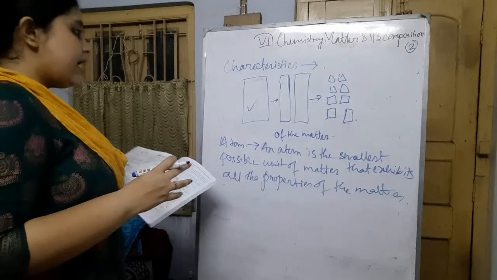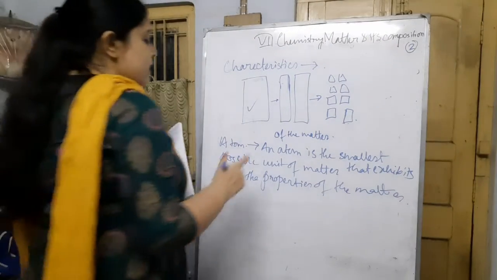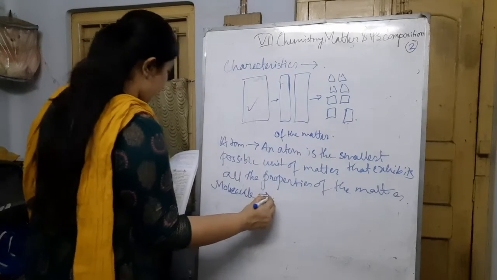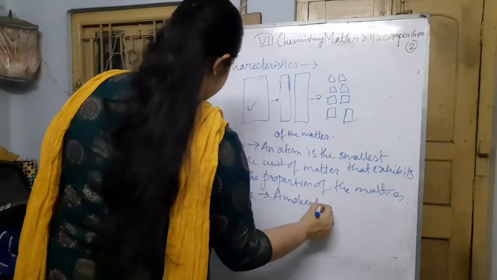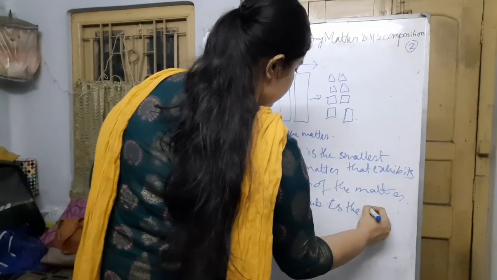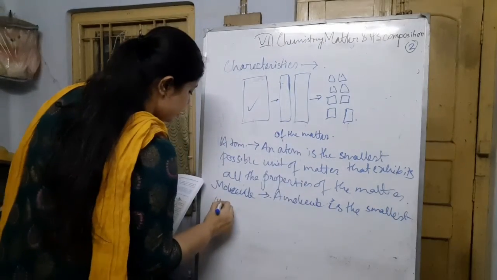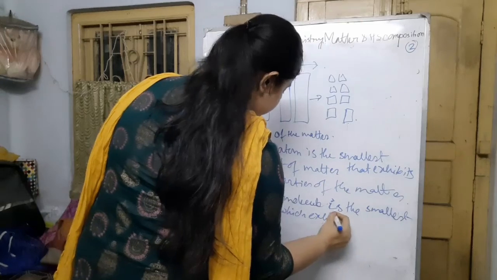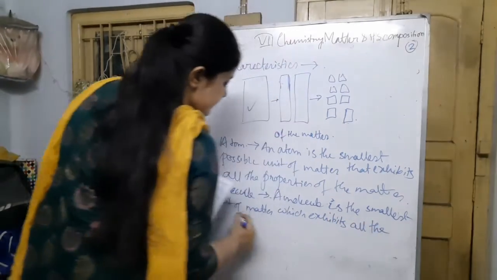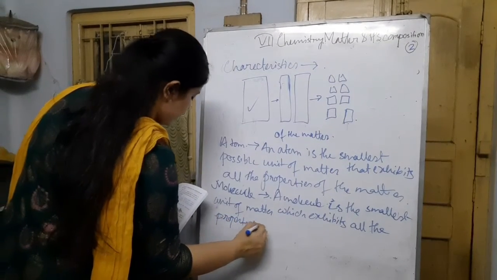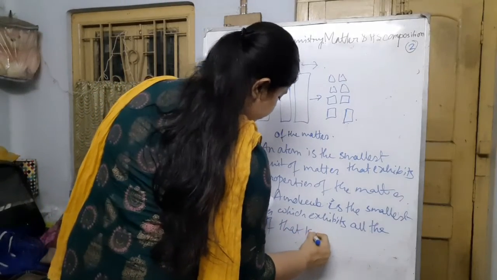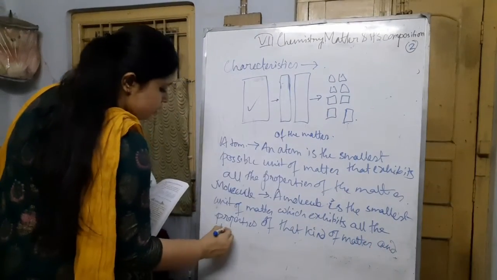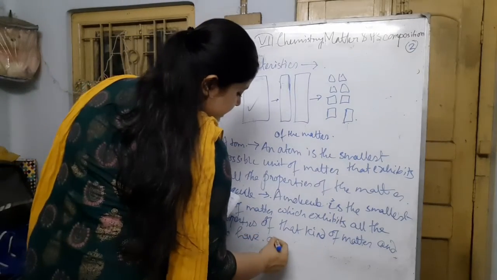They are joined together and form molecules. The definition of a molecule is: a molecule is the smallest unit of matter which exhibits all the properties of that kind of matter and also has an individual existence.